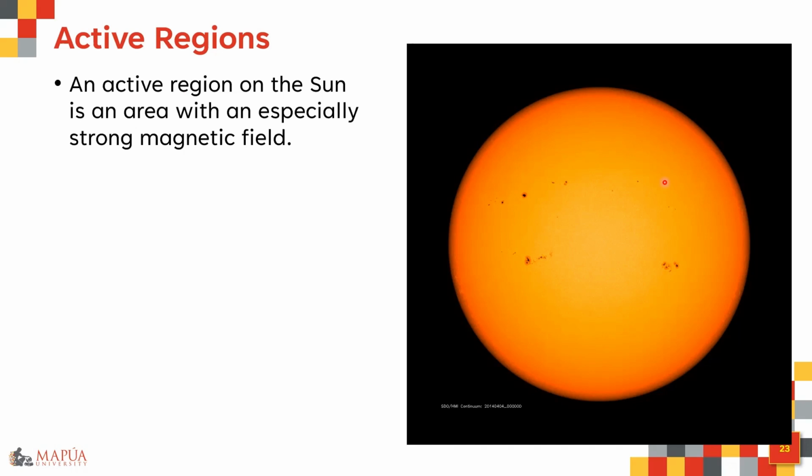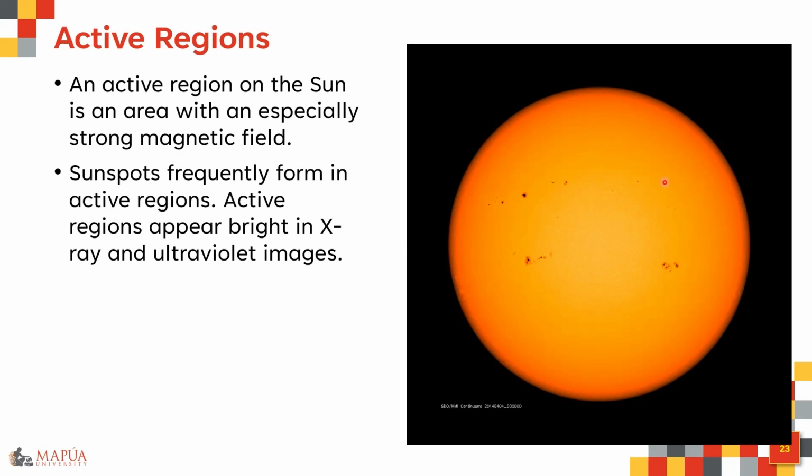Because I mentioned earlier that sunspots are actually regions of high magnetic activity, these sunspots are frequently formed in active regions, and these active regions appear very bright in X-ray and even in UV images.